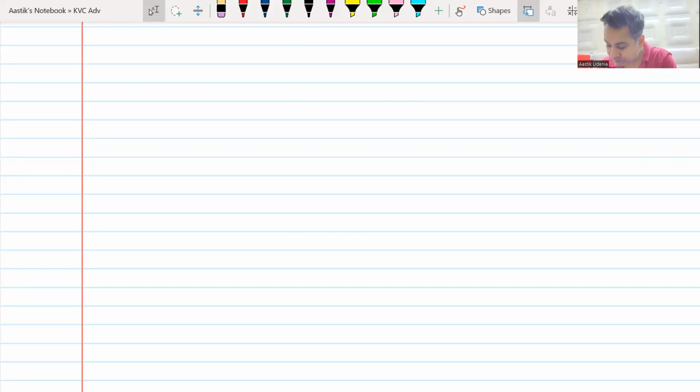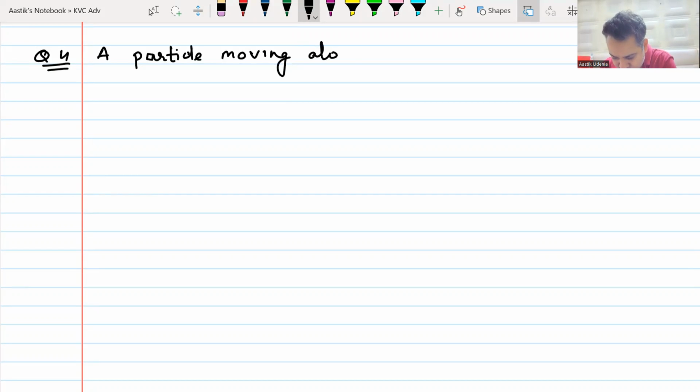So now I will give you one question which is strictly for motion in 1 dimension. A particle moving along the x-axis, so that makes the motion 1 dimension, has v, whenever I use v, it is for velocity, has v as 2t plus 3.